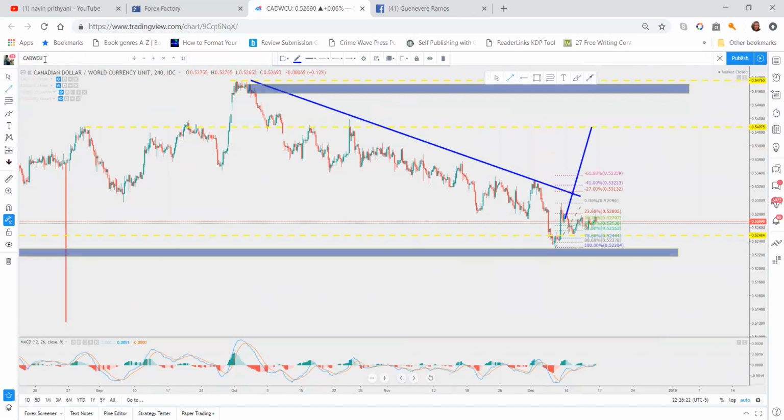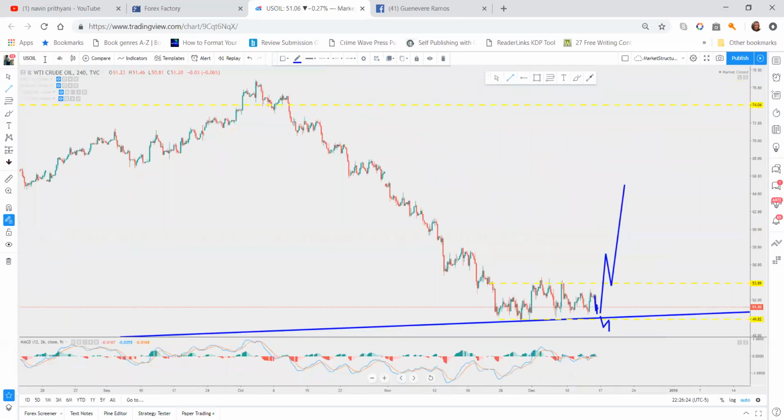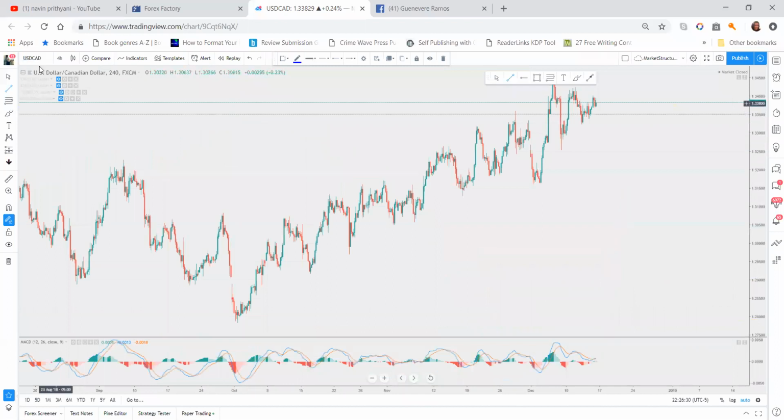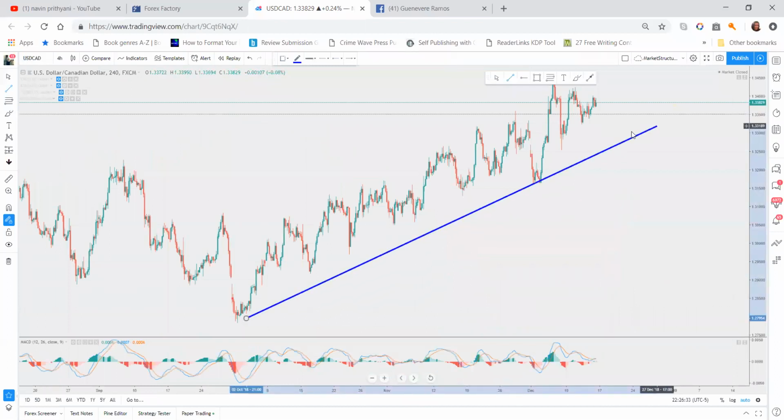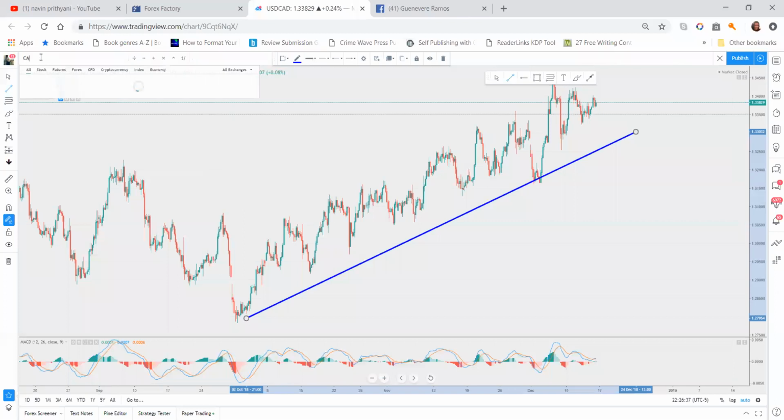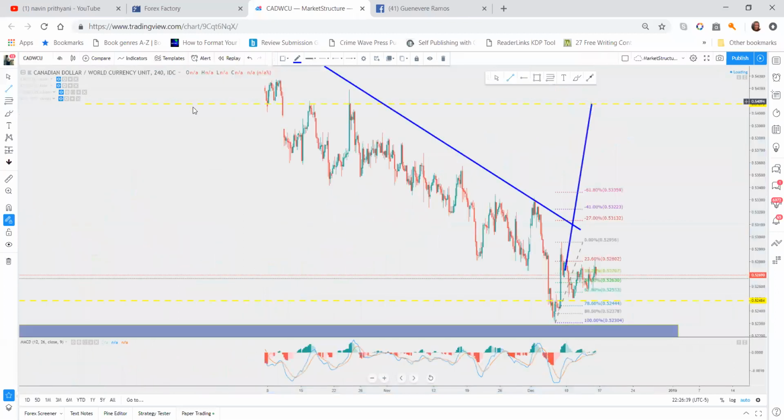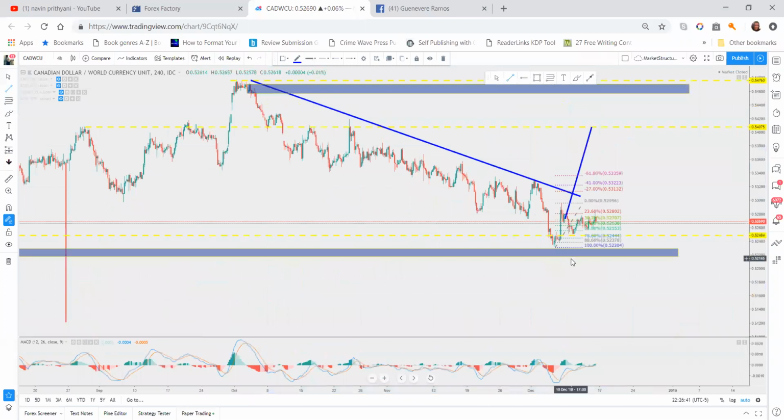Remember, we saw earlier US oil had been on a big decline. And if you go back and look at USD CAD, it had been on a big uptrend because oil was losing value, and CAD was doing the same thing oil was doing. All right.